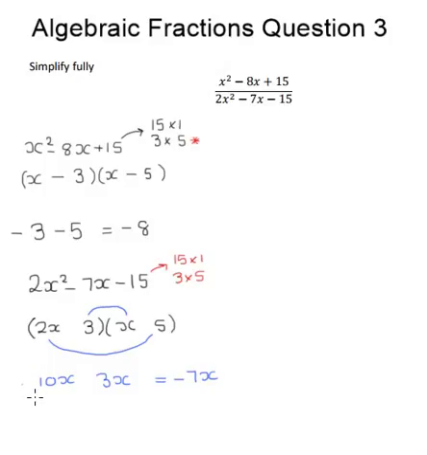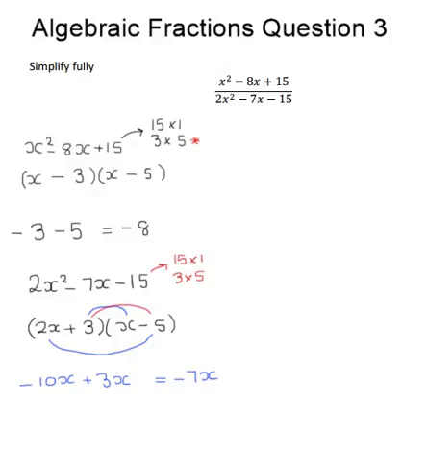Well, hopefully you can see we're going to have to have minus 10x and add 3x. So in front of the 5, we're going to have a negative, because that's the bit that gives us our 10x, that's our minus 10x. And we're going to have plus 3x. Fabulous. Let's just double check that that gives us our minus 15 at the end. So we multiply these two numbers together: 3 times minus 5, brilliant, gives me minus 15.